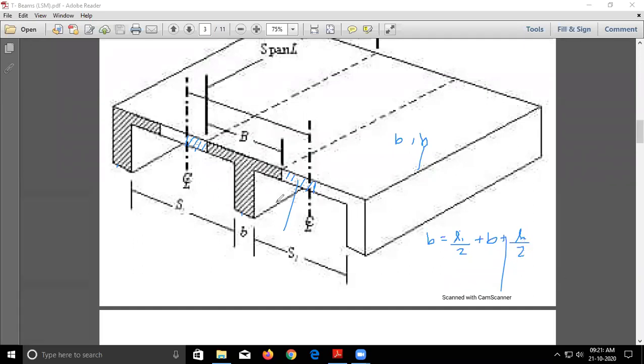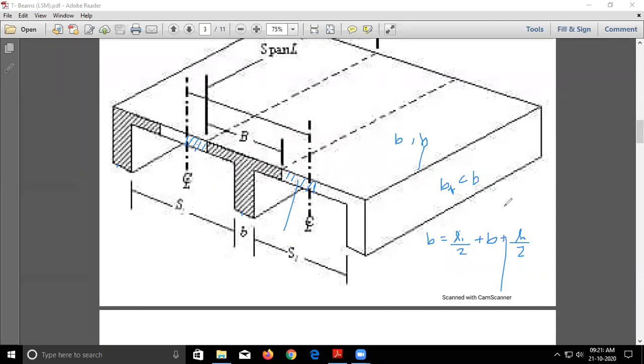Is this clear, everyone? This is called the actual width of the flange, and BF is nothing but your effective width of the flange. Your effective width of the flange will always be less than your actual width of the flange. Is this clear, everyone?